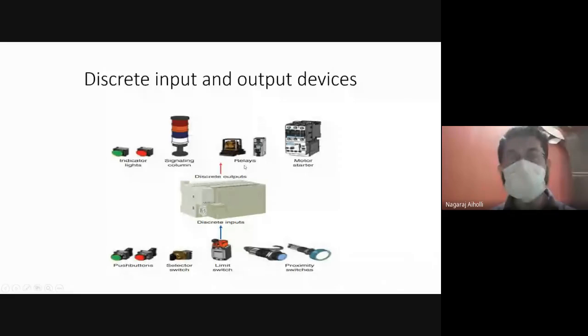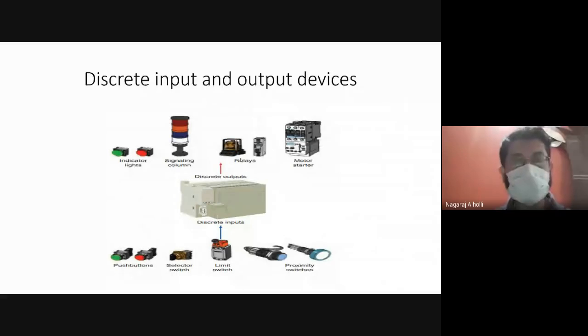Then the relay. As we know, it's a switch. When the current reaches its particular value, its contacts get closed and the current starts to flow in the other part of the circuit. When the current is not at the required level, the contacts will be in the open state. The contacts are not closed, there is no contact established, and hence the current cannot flow.